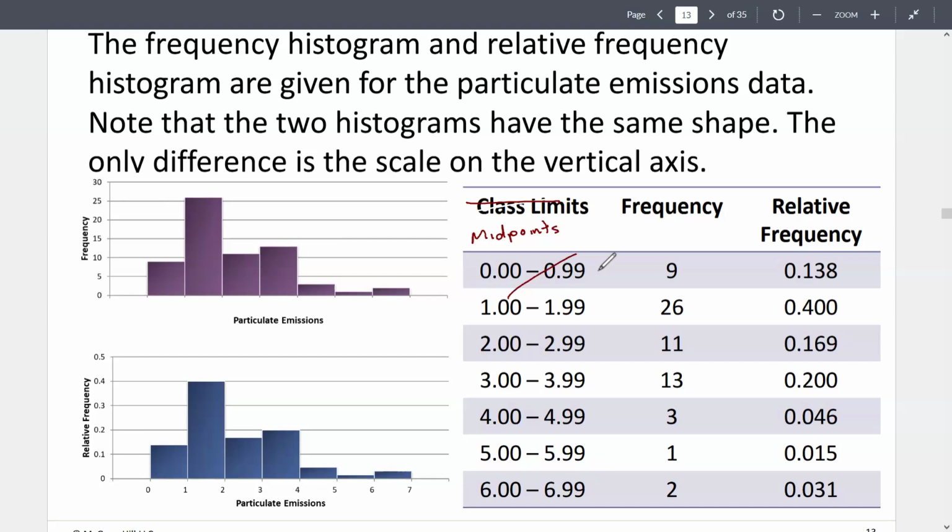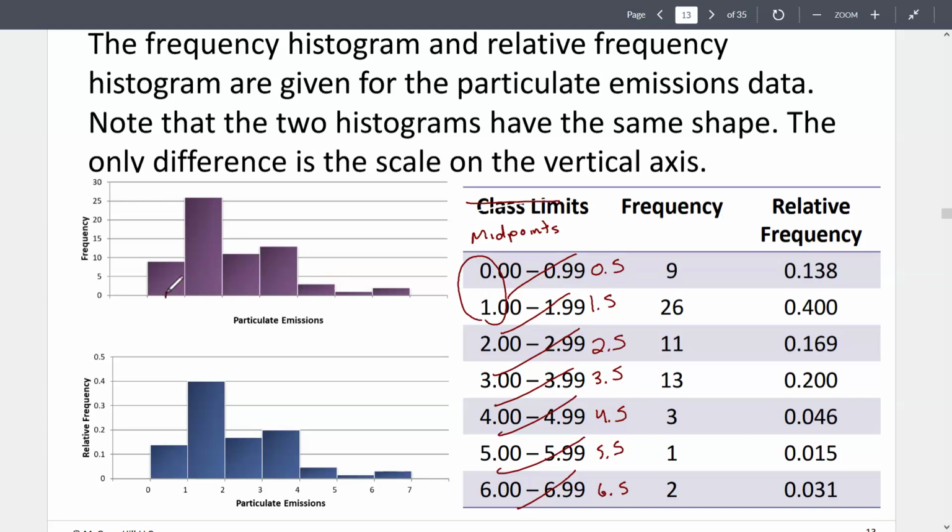The midpoint we had here was 0.5, and then here 1.5, and then 2.5, 3.5, 4.5, 5.5, and 6.5. I remember it was just the difference between these lower limits. That's how we found them.